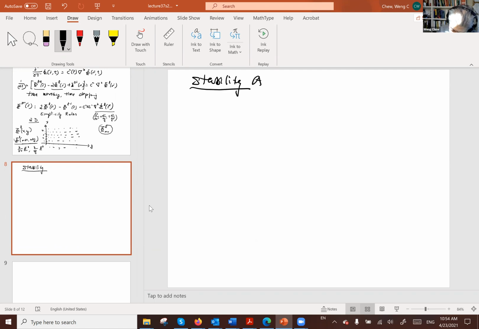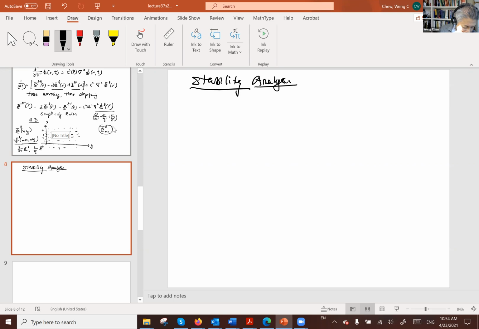So the next thing I like to do is actually to perform stability analysis of this method. So I assume that I have done an approximation to my scalar wave equation, and then I would have approximated my second derivative using finite difference method.